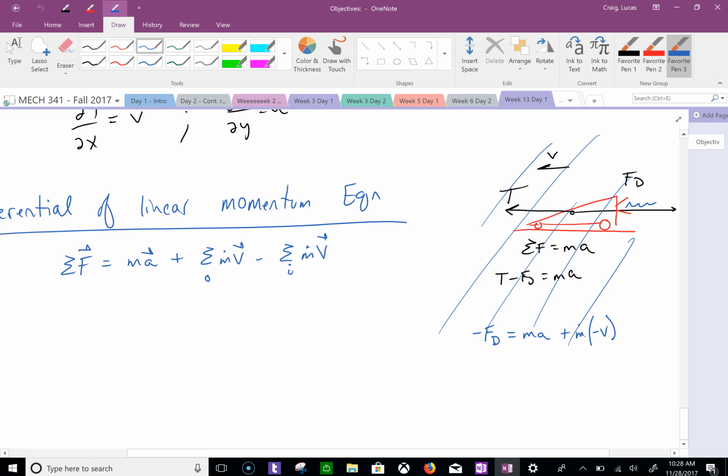So let's take the equation we know and write this in differential form, like we did the mass. What type of forces do we have? We have body and we have surface. And then we write this like this.